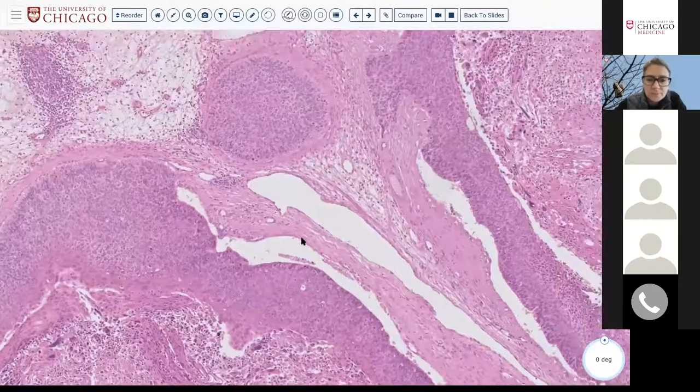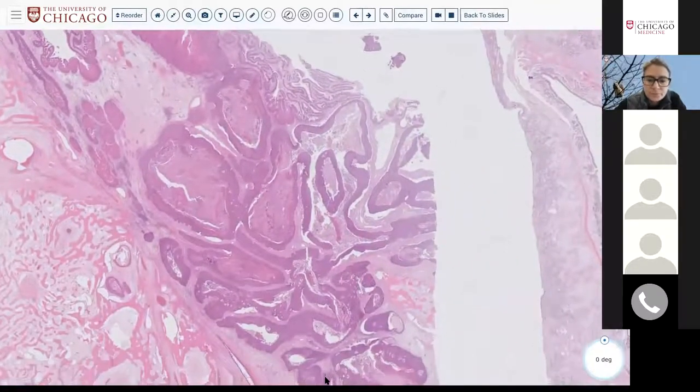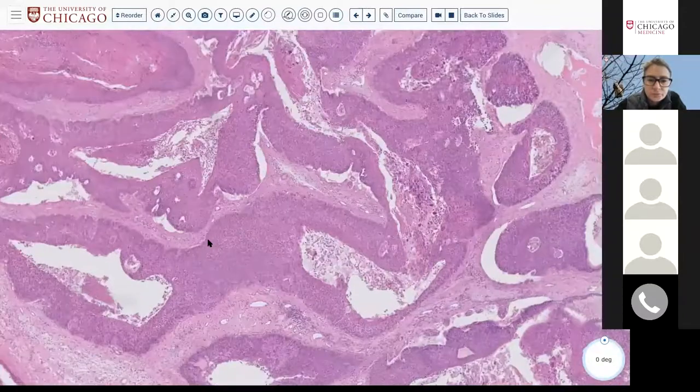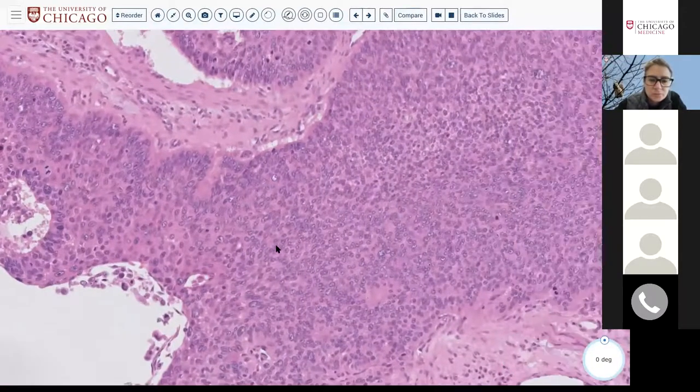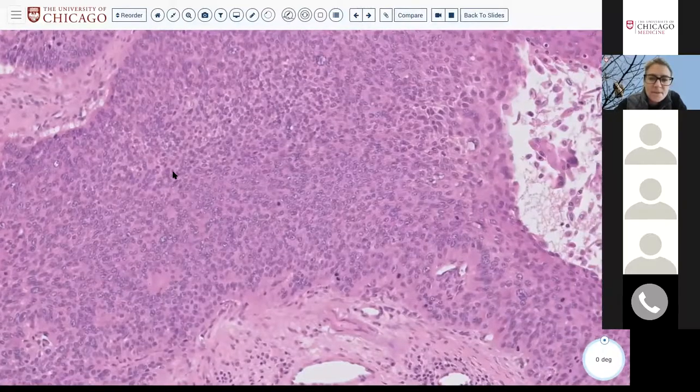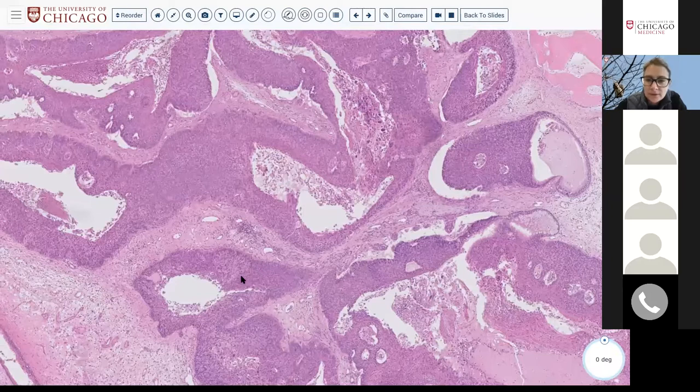Okay. There are a lot of mitoses here. So sinonasal papilloma, inverted type, agree.